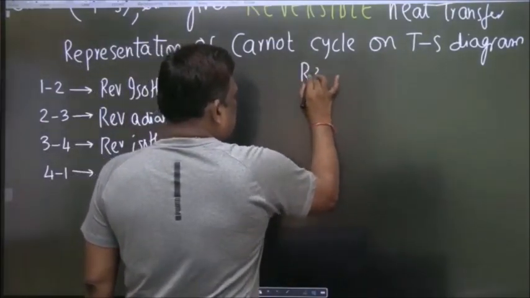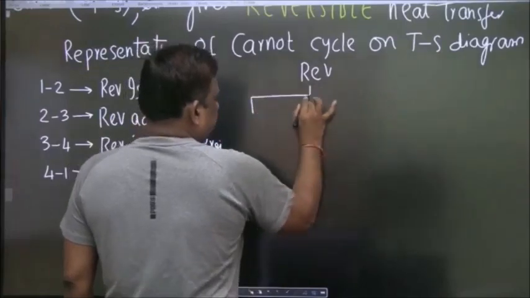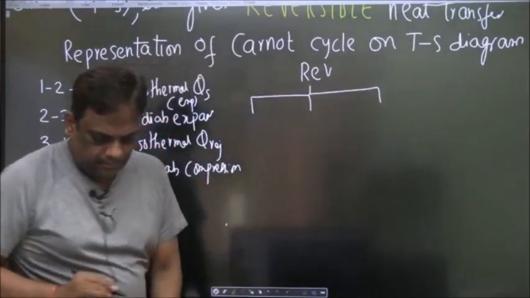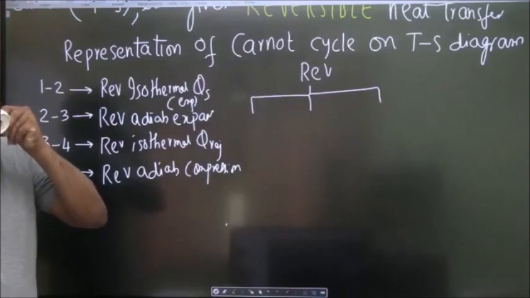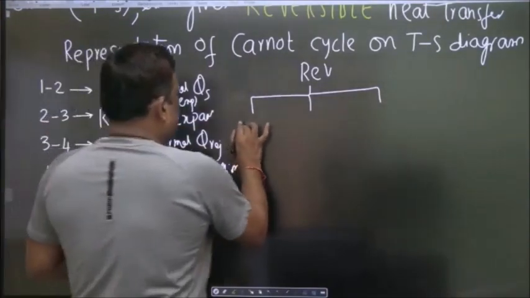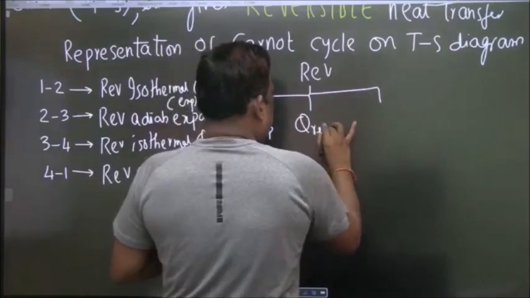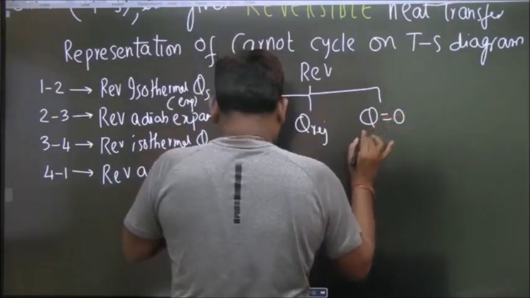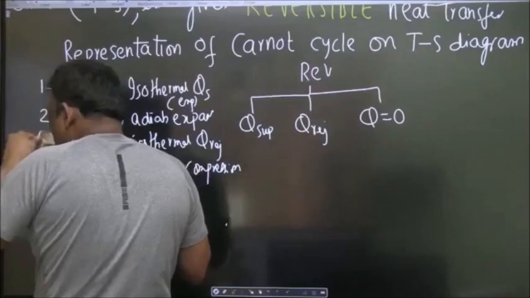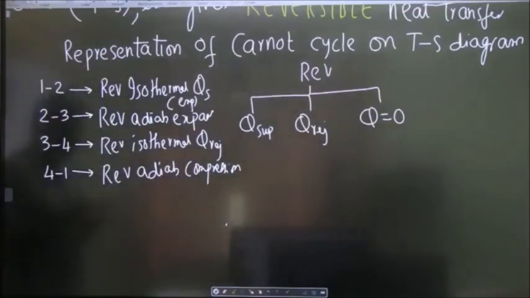In a reversible process, there are three things: heat supply, heat rejection, no heat transfer.